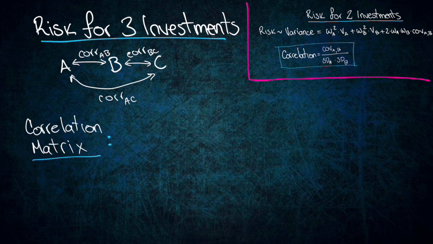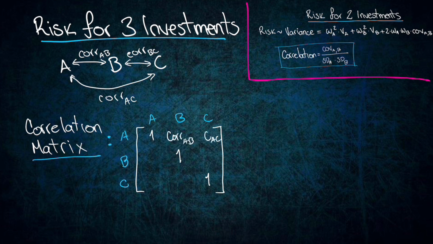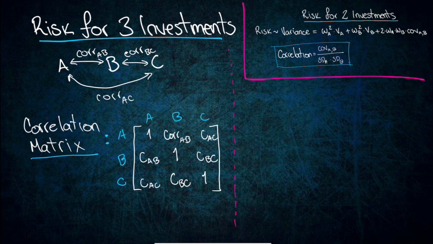This is going to be a square matrix in which the diagonal of the matrix is going to be 1, and outside the diagonal we will have the correlations of assets. So if you're a little bit familiar with linear algebra and matrix multiplication, this part will be a little bit easier to comprehend. To find the risk of our whole portfolio, let's first organize our information like this.